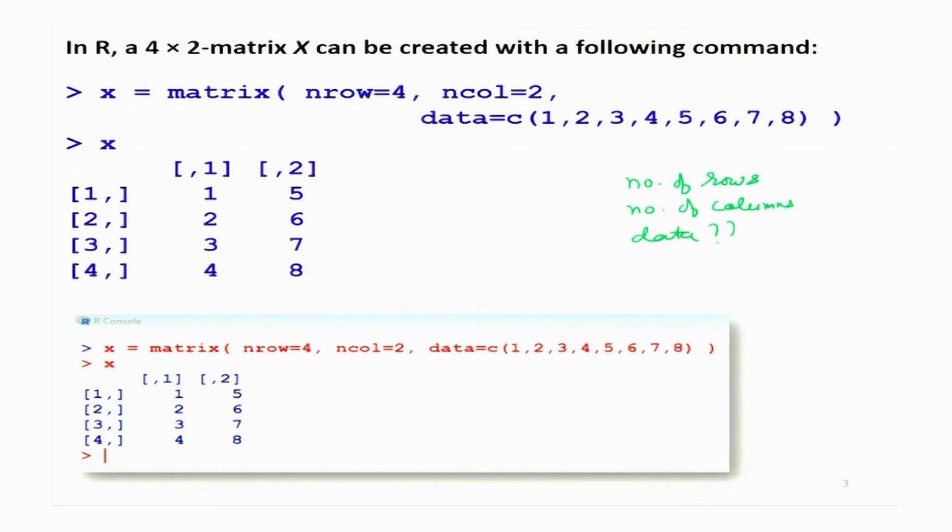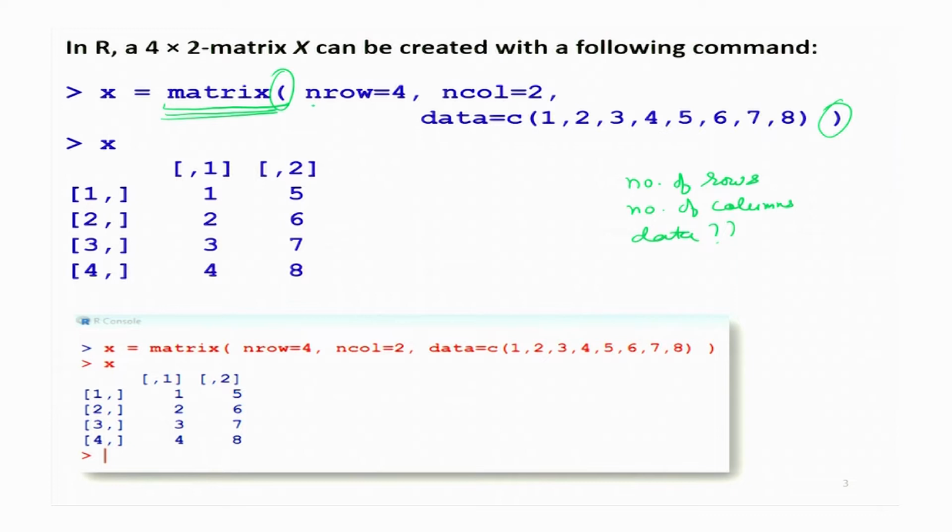So the first thing I would like to discuss is how to create the matrix. In the R software, matrix is the command to create a matrix, all in lowercase alphabets. Within the parentheses, you indicate the basic information on how the matrix has to be created: the total number of required rows, columns, and the data.